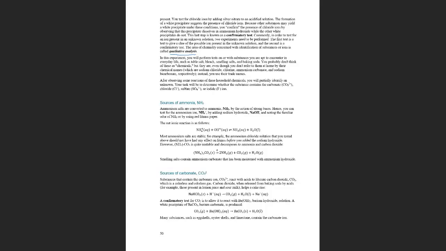For chloride, we add ammonium hydroxide, and we observe that the white precipitate dissolves, and the other white precipitates will not. So that will tell us, yes, we have chloride. This is what it's talking about.